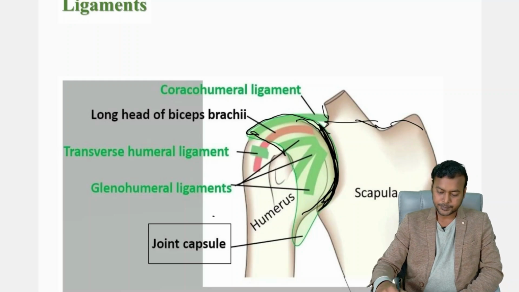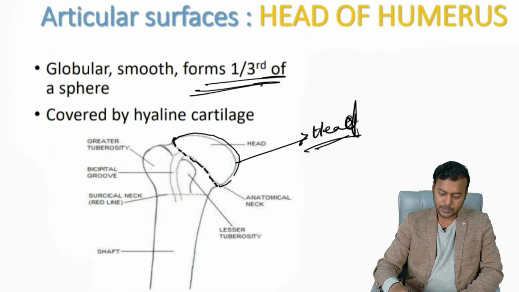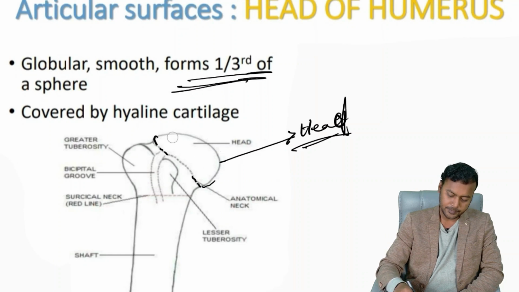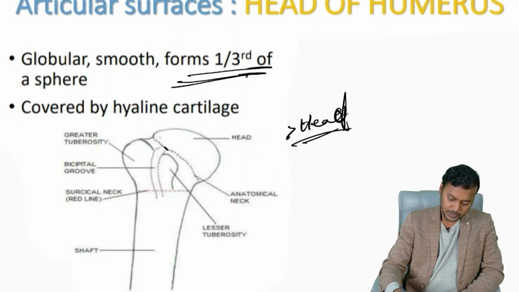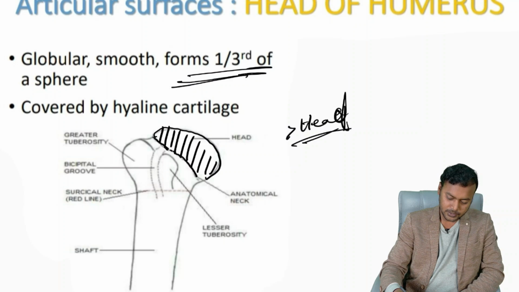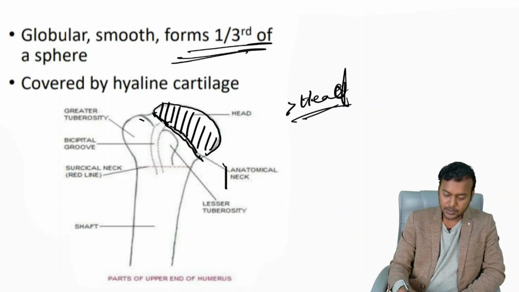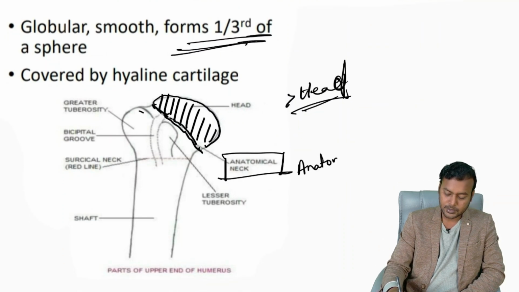Now, students, in this image where I had shown you the head of the humerus, where this globular part joins with the shaft, this line demarcates the anatomical neck of the humerus. This is known as the anatomical neck of the humerus.